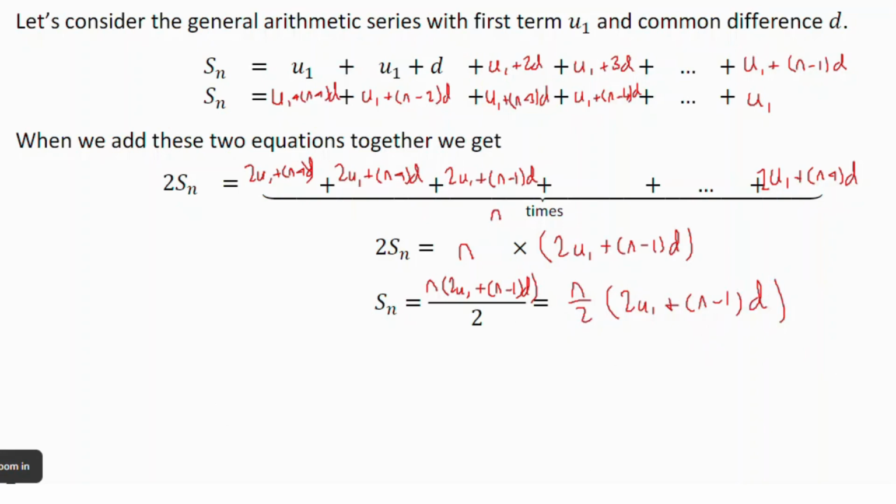We are given another formula in the formula booklet, which we saw in the previous video, which was, not un, sorry, Sn is equal to n over 2 times u1 plus un.